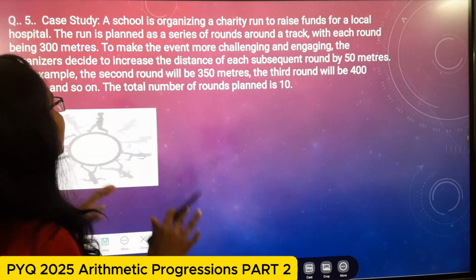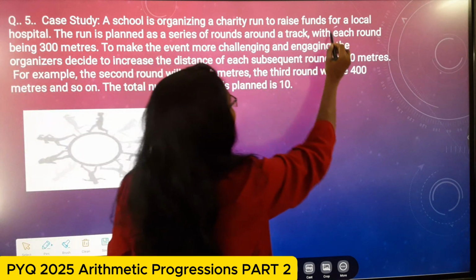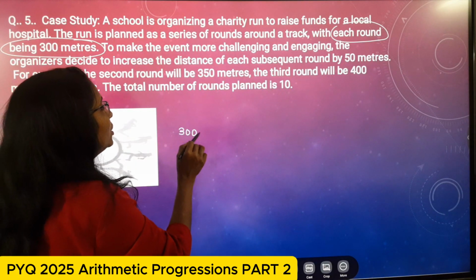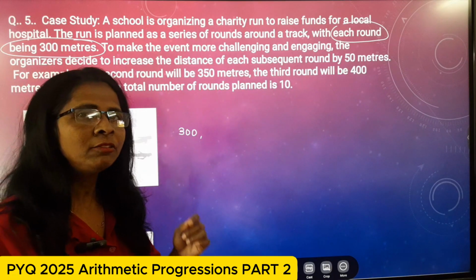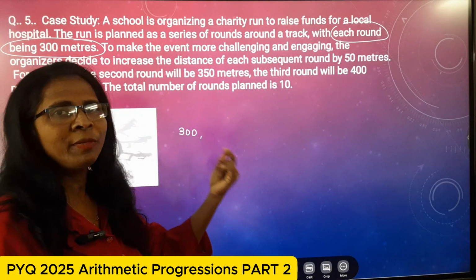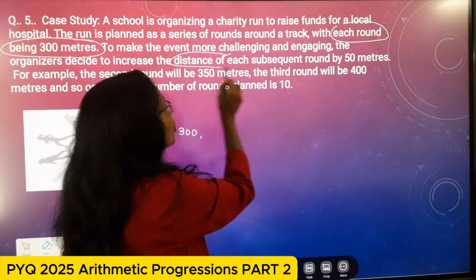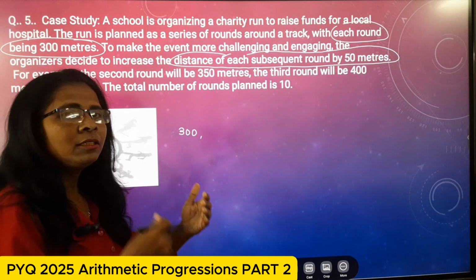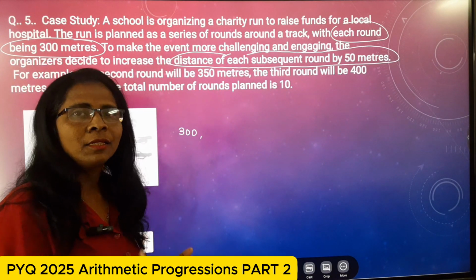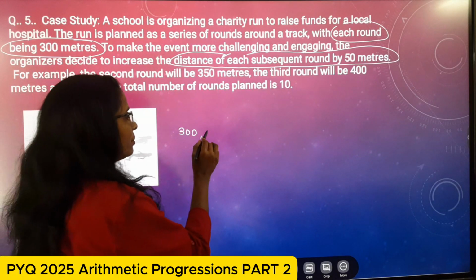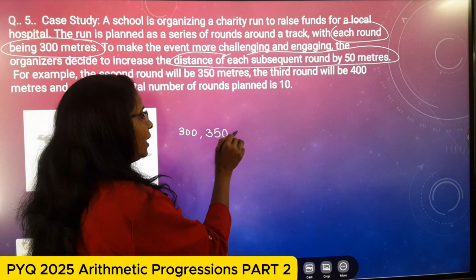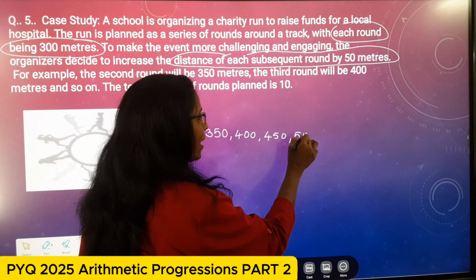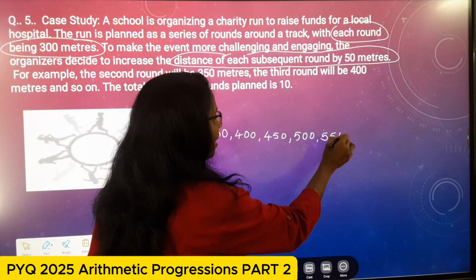With each round being 300 meters, the first term of the arithmetic progression will be 300. The given information is that the distance of each subsequent round increases by 50 meters, so each next term increases by 50. The first term is 300, the second term is 350, the next is 400, then 450, 500, and 550.